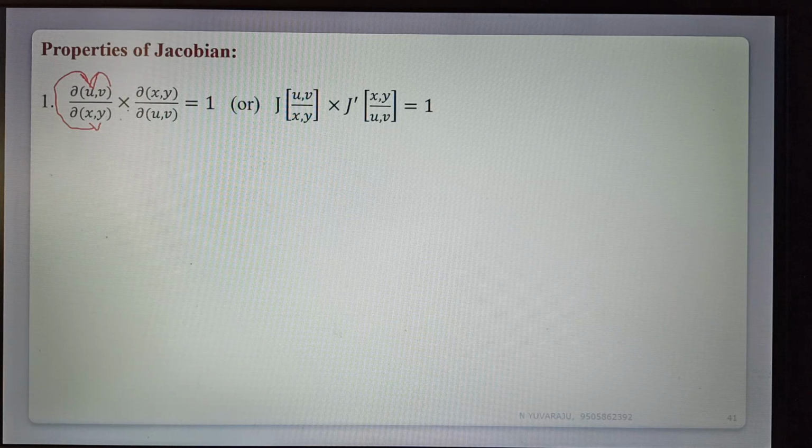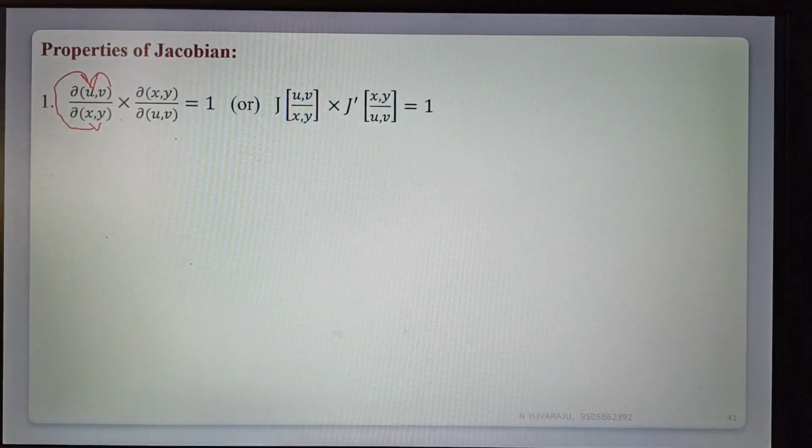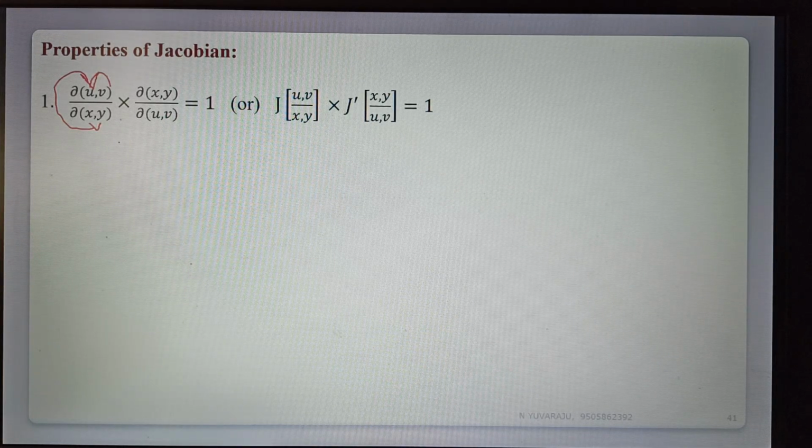That is, u and v are functions of x y, and now changing, x and y are functions of u and v. Finding both Jacobians, the product of both Jacobians is equal to 1. This is the first property.